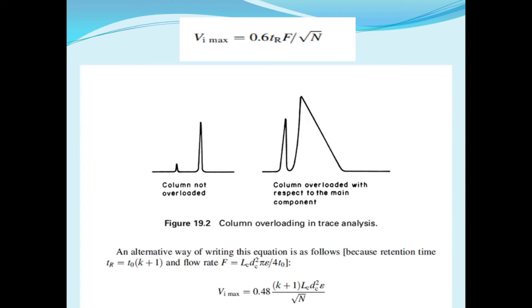The maximum allowed injection volume which restricts band broadening is given by, if band broadening is 9%, then the maximum allowed injection volume Vi max is equal to 0.6 into retention time Tr into F upon root of N, the number of theoretical plates for the column.